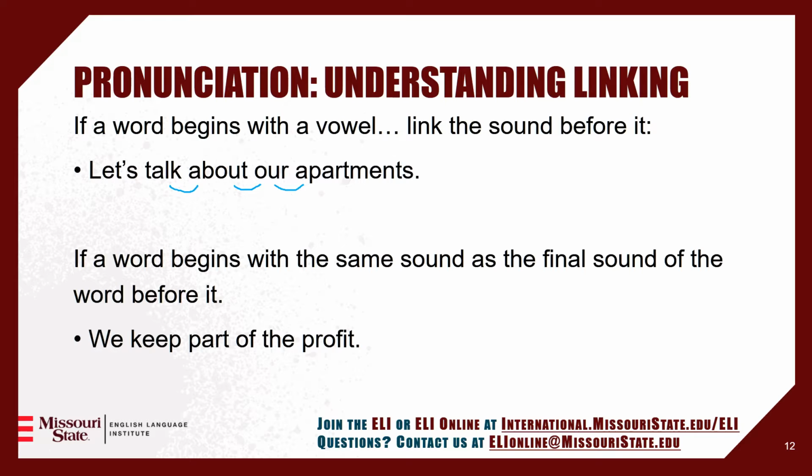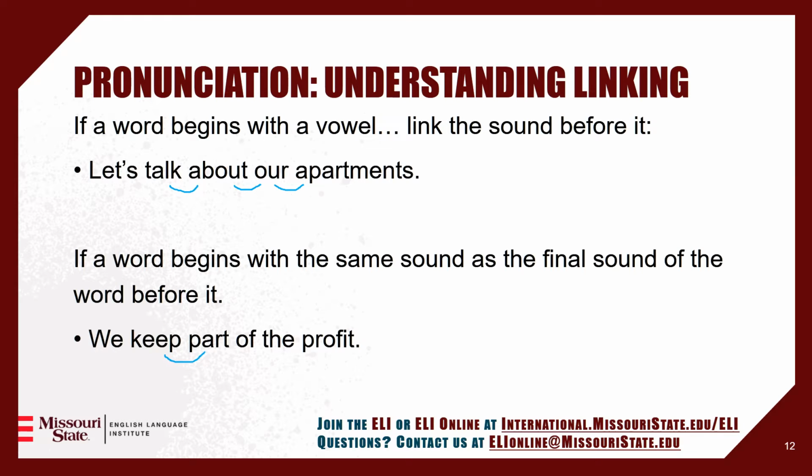And then we also link if a word begins with the same sound as the final sound of the word before it. Okay, so for example, we keep part of the profit. We have two P sounds, the last sound in keep, and the first sound in part.